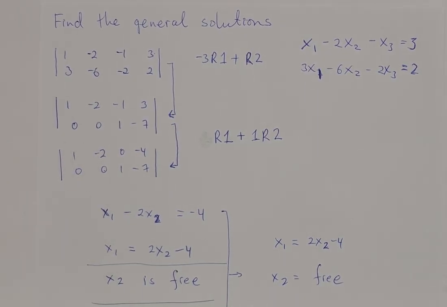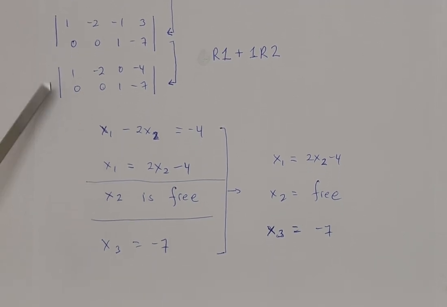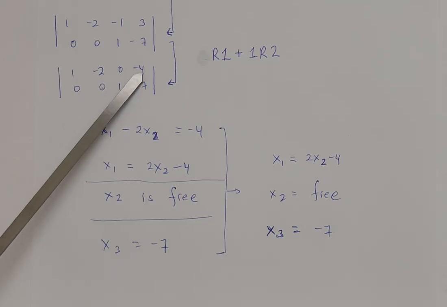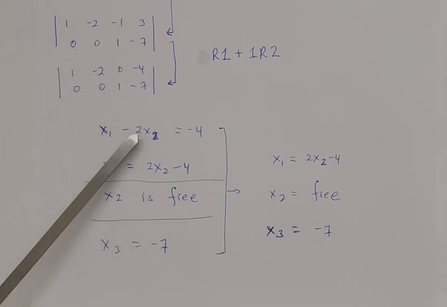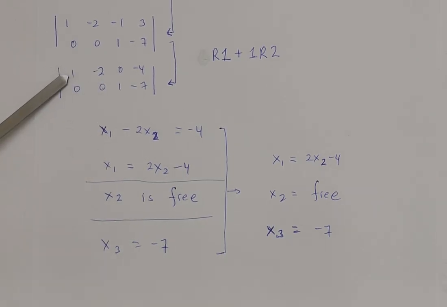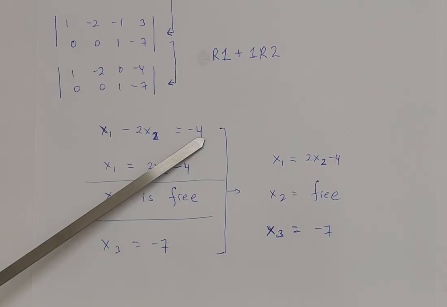So we need to rewrite that into this form. This is x1, this is x2, this is x3, equal to the constant. So x1 minus 2x2, since there is no third variable, we just equal the constant, which is -4.